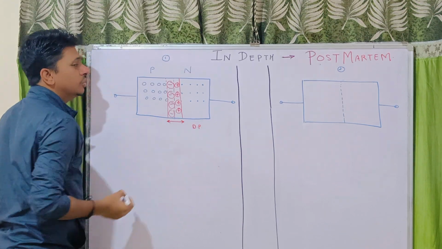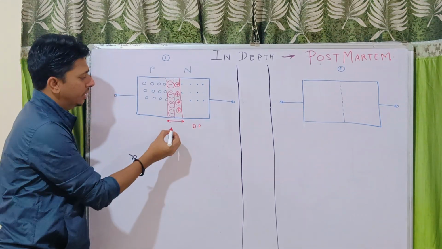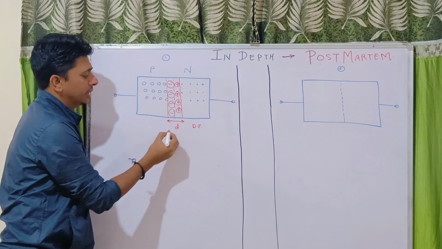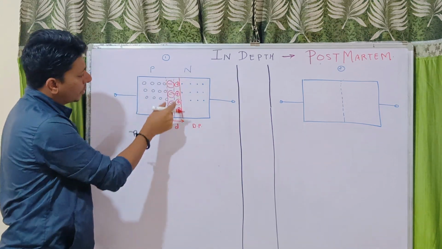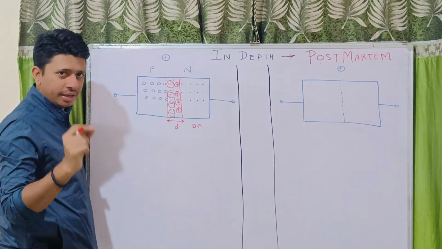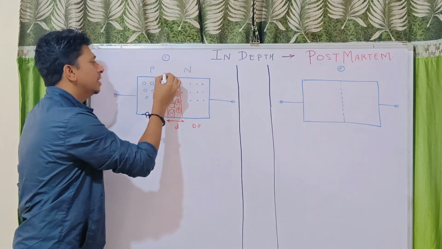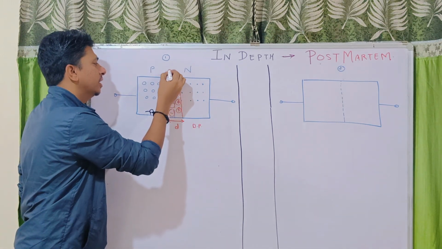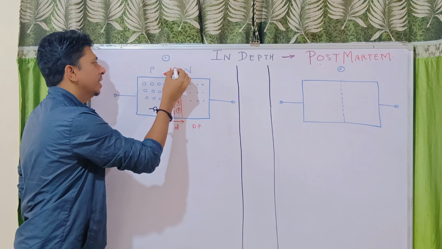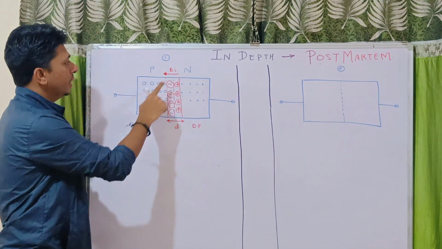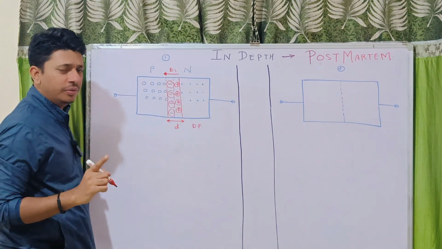Let me assume the depletion layer width is D. With the formation of these charged ions, there results an internal electric field, which I represent as EI, for internal electric field.